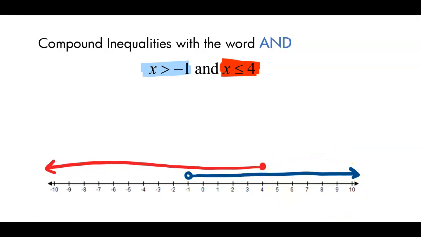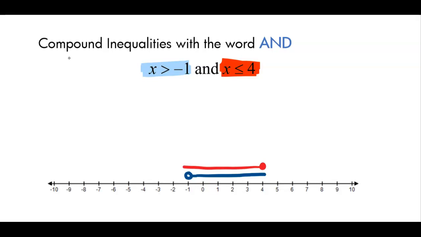So we're going to cut this off right here and right here. We're only interested in the parts where they overlap, the parts where both of these inequalities are true.